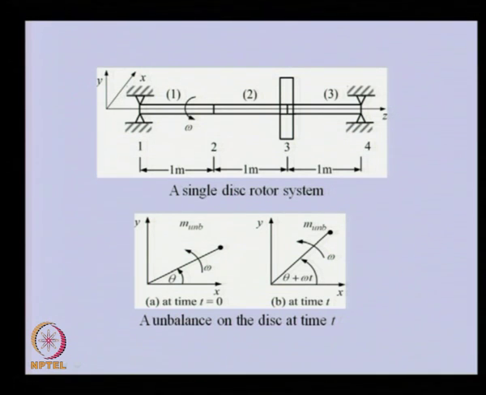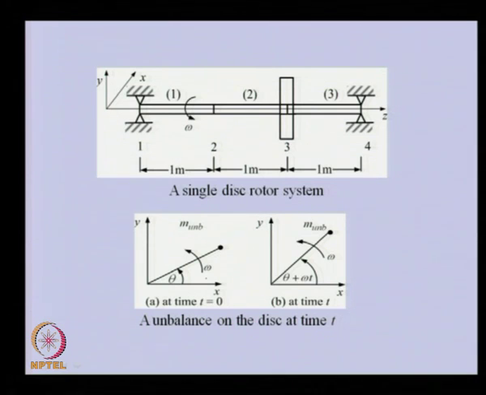For unbalance we are considering, let us say, the horizontal axis x as a reference, and the direction of rotation is, let us say, positive counterclockwise, and at time t equal to 0 we are assuming that this unbalance is in the horizontal position, and at time t it occupies some arbitrary position where this angle is theta.